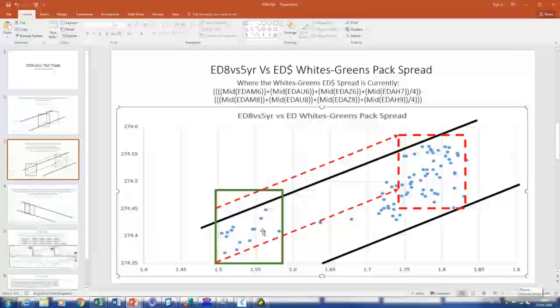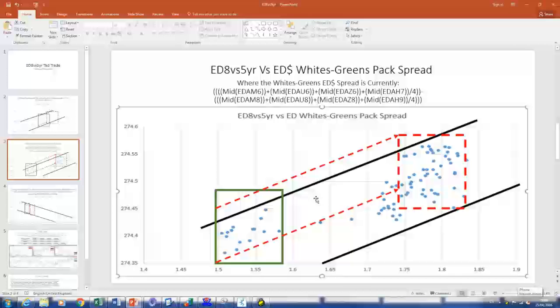With these black lines you can see clearly that if the whites greens pack spread is going higher, i.e. the whites to greens Eurodollars is going higher, you will see the Eurodollar 8 versus the 5-year, aka the 5-year TED, going higher, right? So it will move, whether you're short or not, it will move.